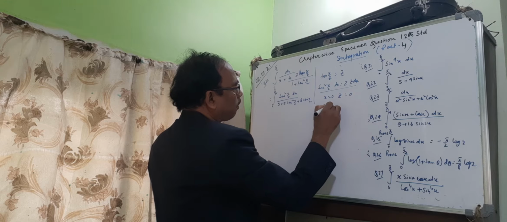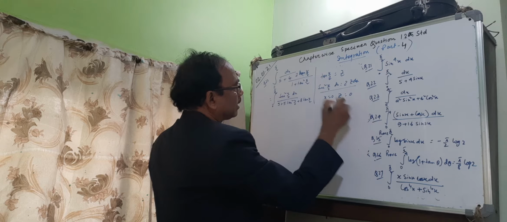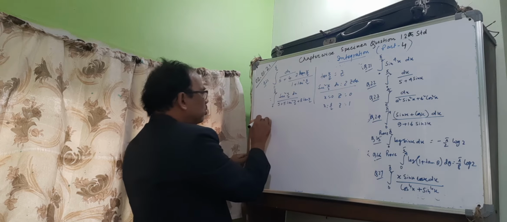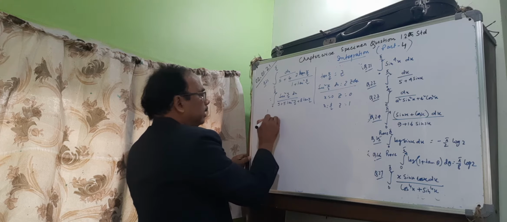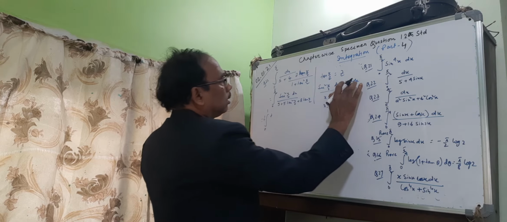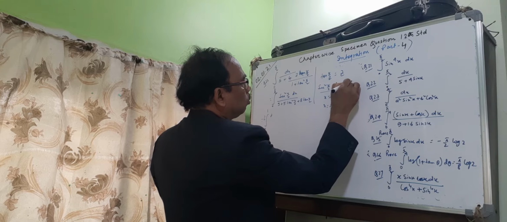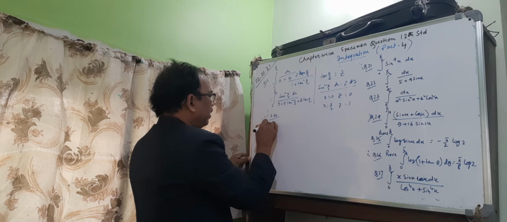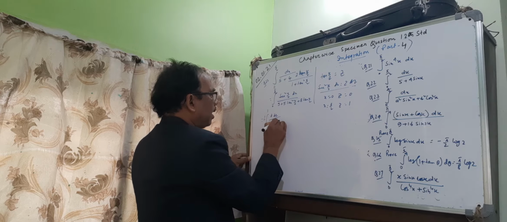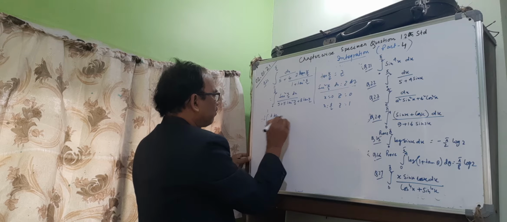If x equals pi by 2, z is tan pi by 2, which is 1. Your limit will be changed to 0 to 1. Here 2 is outside, 2 dz over 5z square plus 8z plus 5.